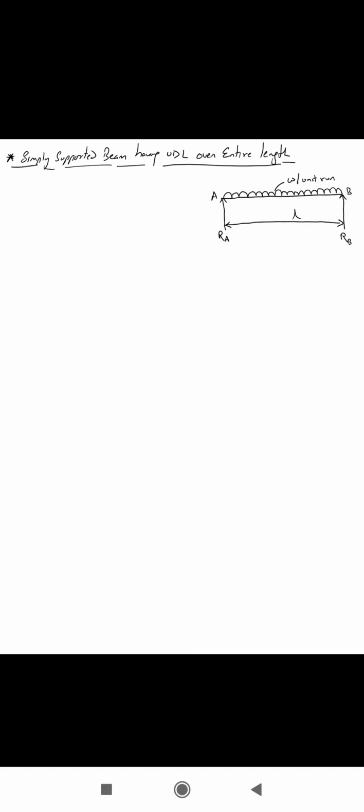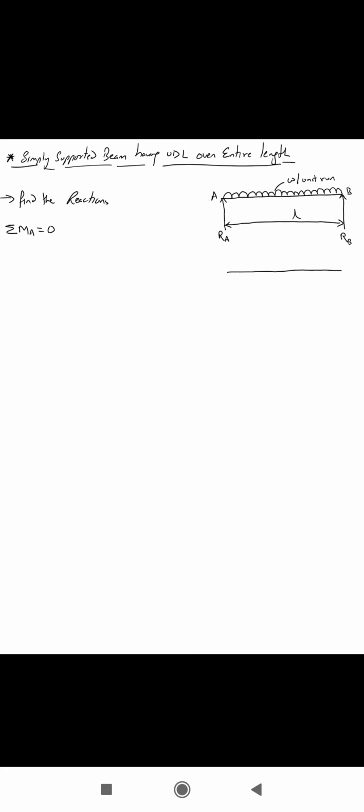Now again we need to find out the reactions, and in order to do that we'll apply the equilibrium conditions. Moment about point A is equal to 0. So before we do that, I'll draw the FBD or the free body diagram for this particular case.